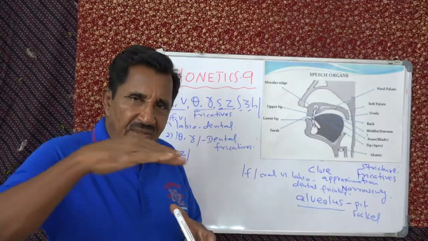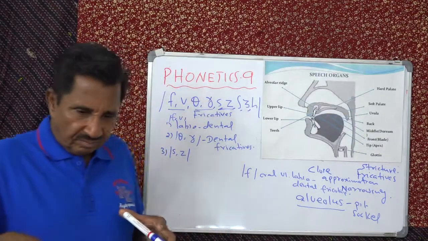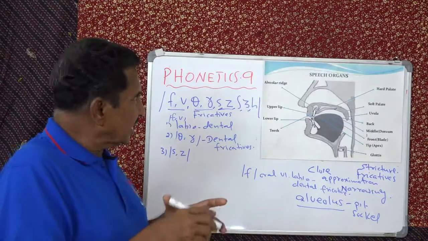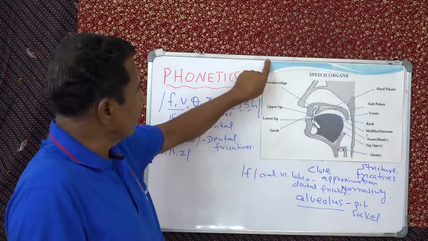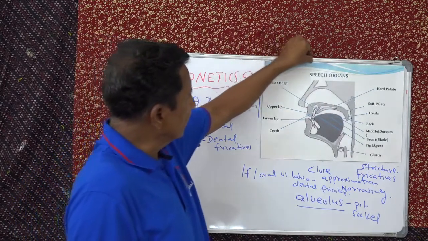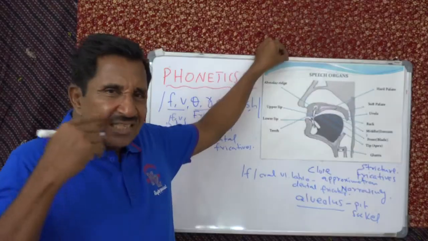Ridge means the raised part. If you have a plane, something is raised. You can see this is the ridge, this part of the board. This is the ridge of the board. Like that, there is a ridge here in the mouth.